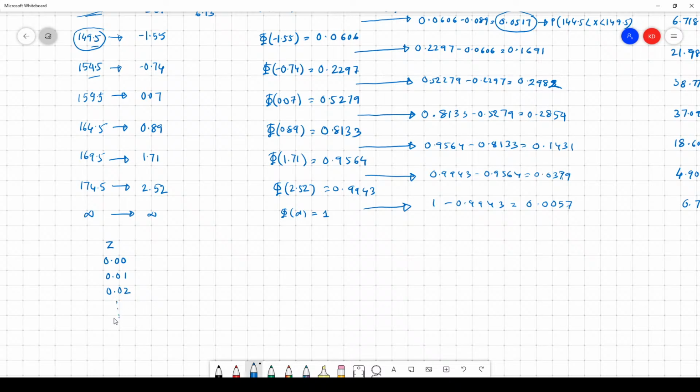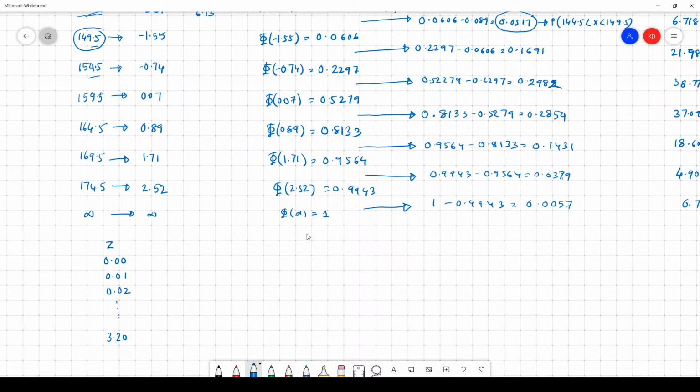Some books give up to 3 or 4. Here I just use 0.0 to 3.2. Why 3 or 4? Because after 3, the value of phi z is almost close to 0.